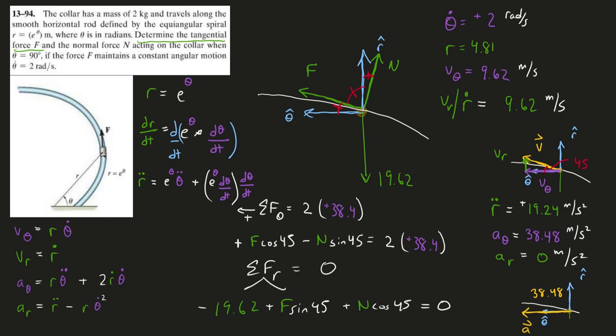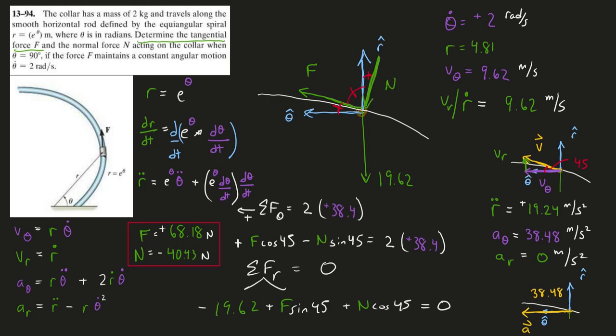And with two equations now I can solve for my two unknowns. For my force, I'll get a positive 68.18. And for the normal force, I'll get a negative 40.43. Which means our normal force here is acting in the opposite direction that we assumed it.